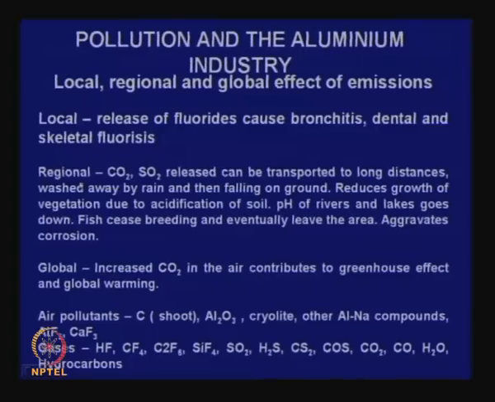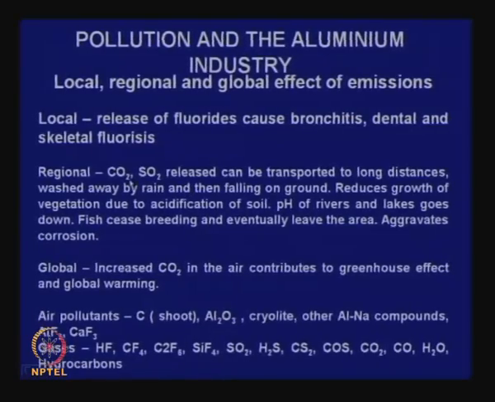Then there is the regional effect. Regional means say several kilometers around the plant site. Pollution effects will come from CO2 and SO2 released, and these gases can be transported over long distances, swept by air or washed away by rain. Rainwaters will make them fall to the ground.